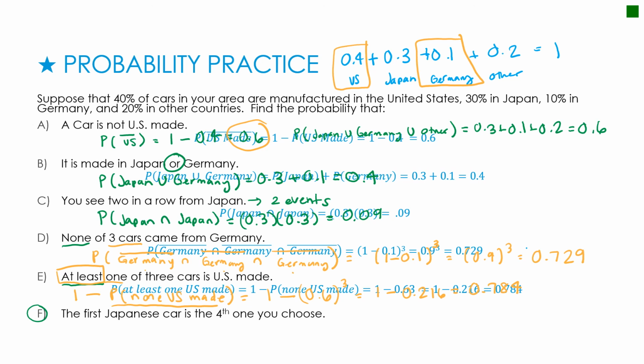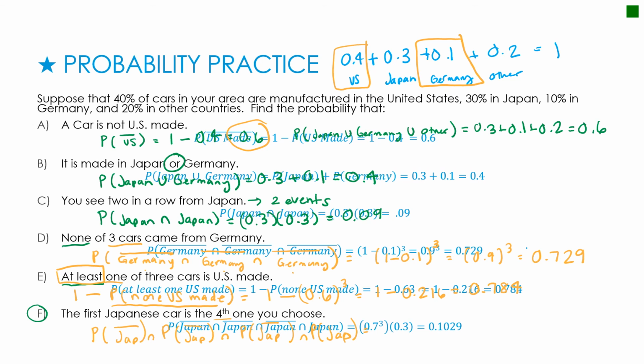Last one, we haven't looked at one like this before, but this is saying the first Japanese car is the 4th one that I choose. So I have to take the probability that it's not Japanese and not Japanese and not Japanese, and yes, on the very last one, it is a Japanese car.